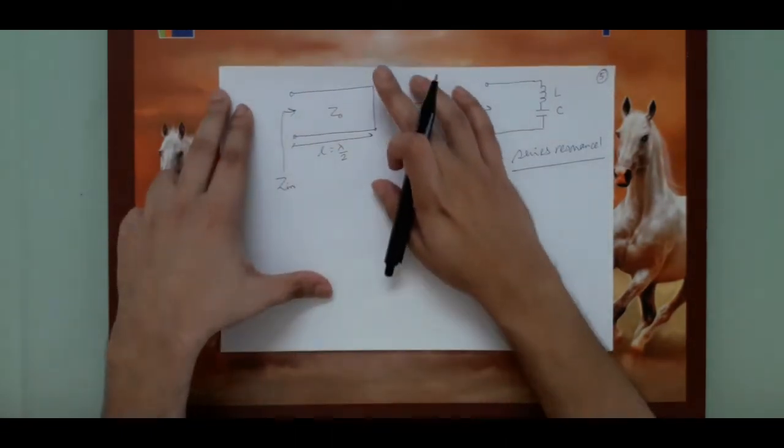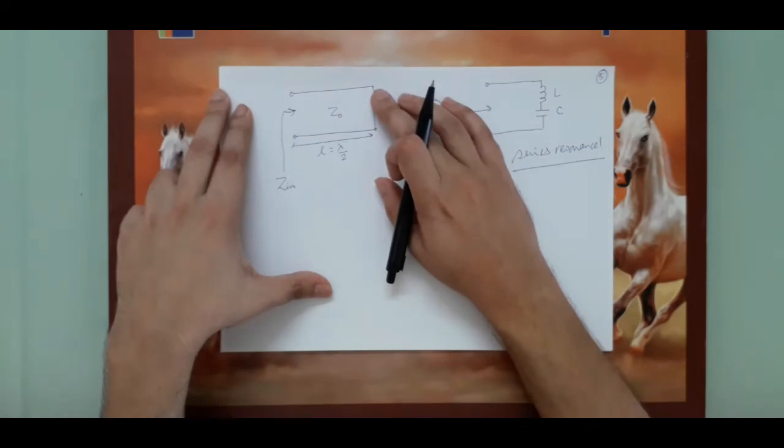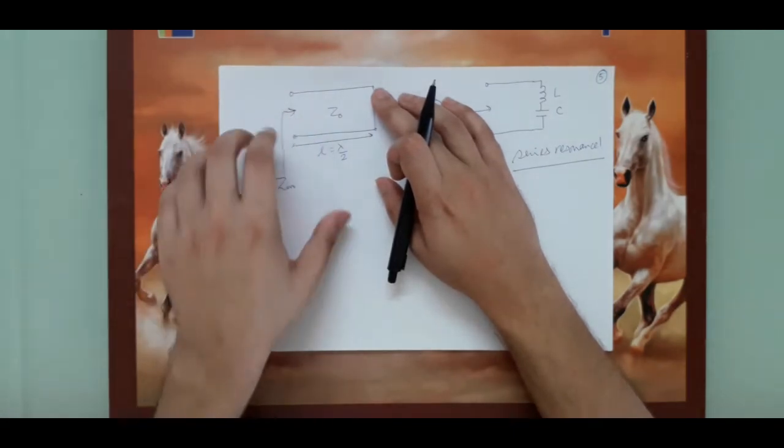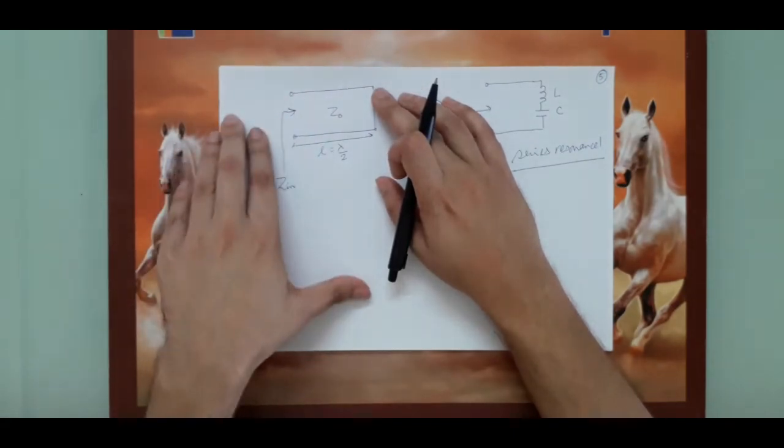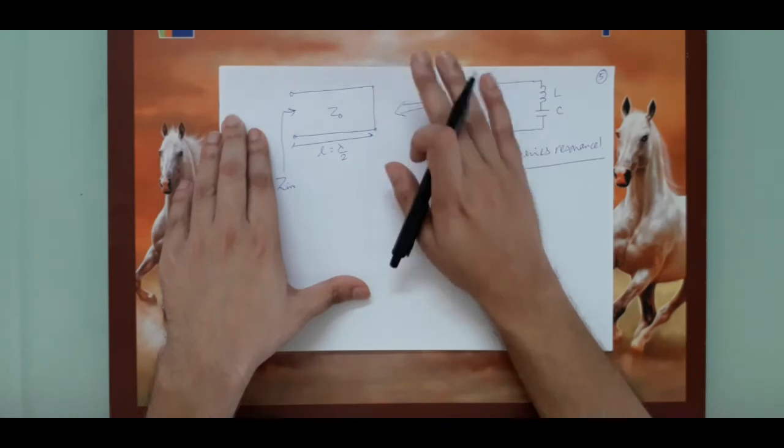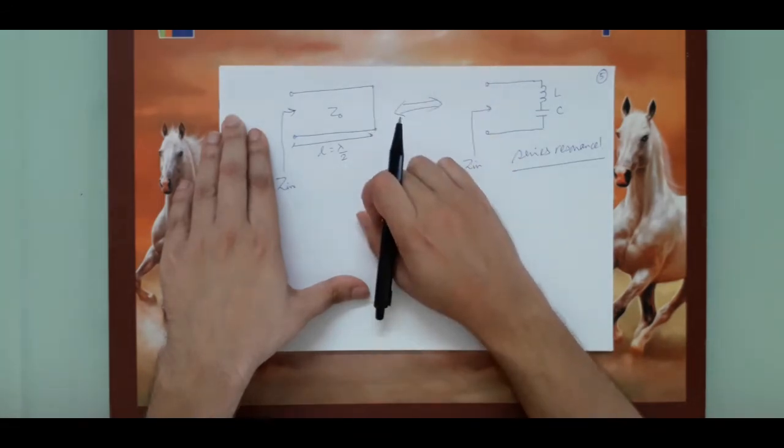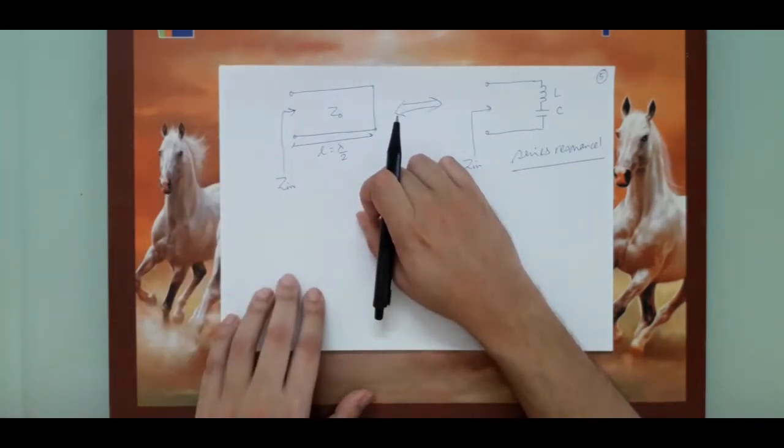But a short-ended line whose length is equal to either lambda by 2 or lambda by 4 acts like either parallel resonance or series resonance, depending on what the length is. So you can realize not just inductors and capacitors, but you can also realize resonance phenomena. And that is very useful for many applications.